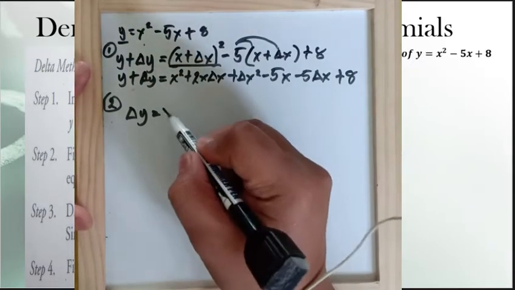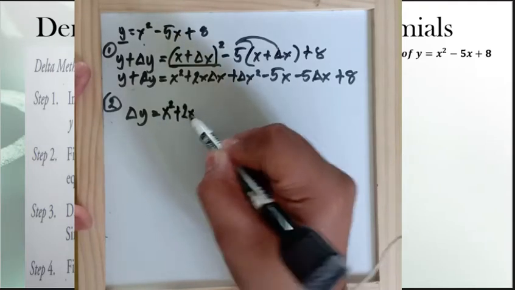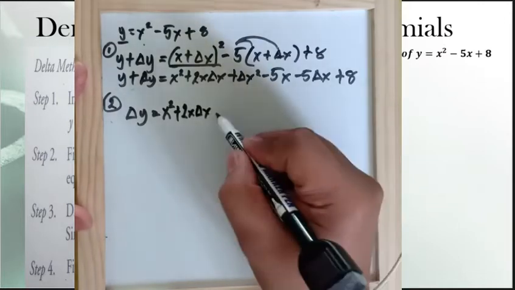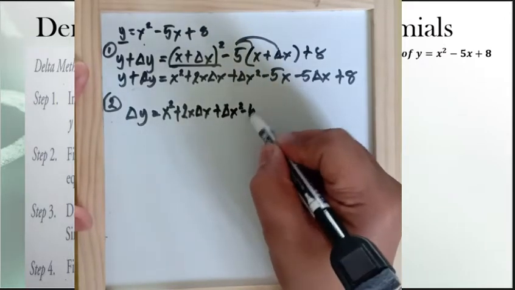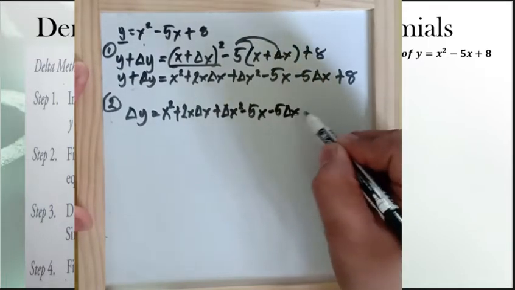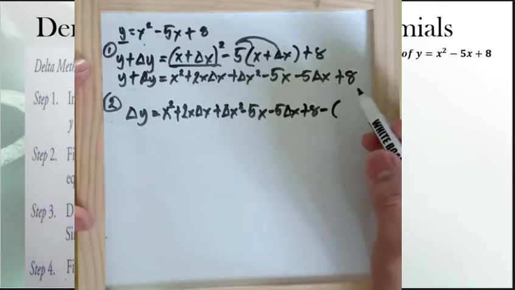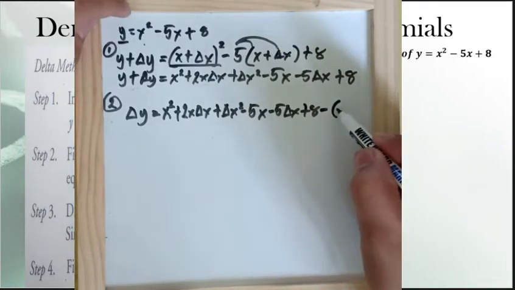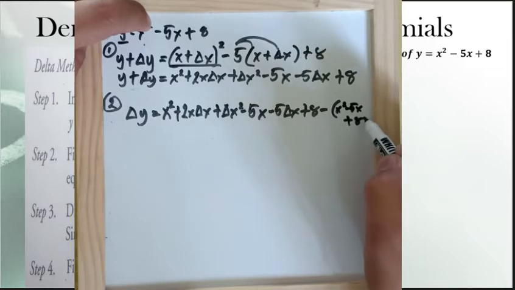So let's do it. x squared, I'm just copying this one, plus 2x delta x plus delta x squared minus 5x minus 5 delta x plus 8, minus the original equation. We have x squared minus 5x plus 8.